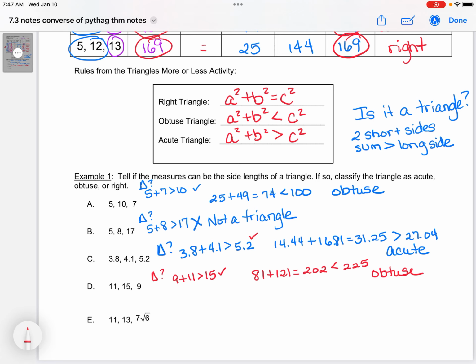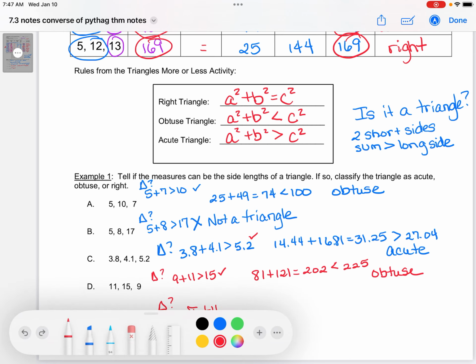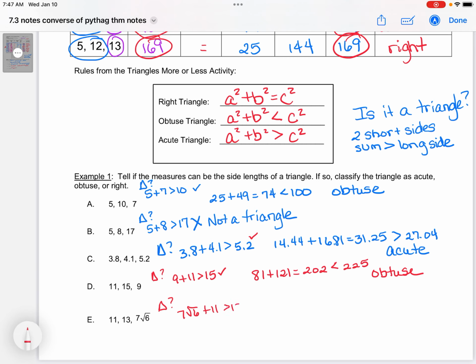Okay. This one's a little bit going to make your head hurt, but maybe not. I do know that 7 times the square root of 6 plus 11 is going to be greater than 13, because I have 11 and 7, and it's actually more than 7.